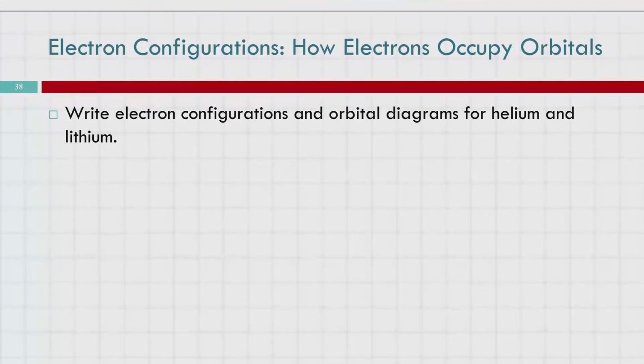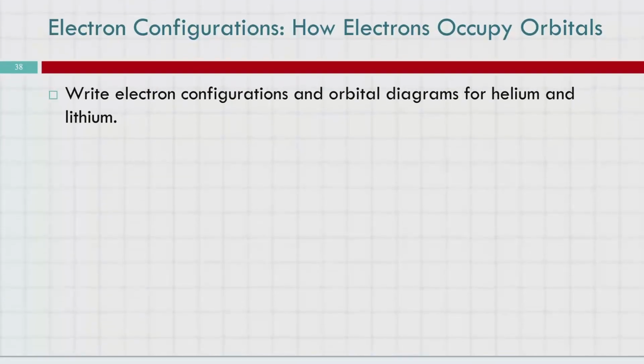Let's try writing out electron configurations and orbital diagrams for helium and lithium. To write these, we need to first know something about them. Does anyone know what that something about them is? Number of electrons, that's exactly right. So how many electrons does helium have?